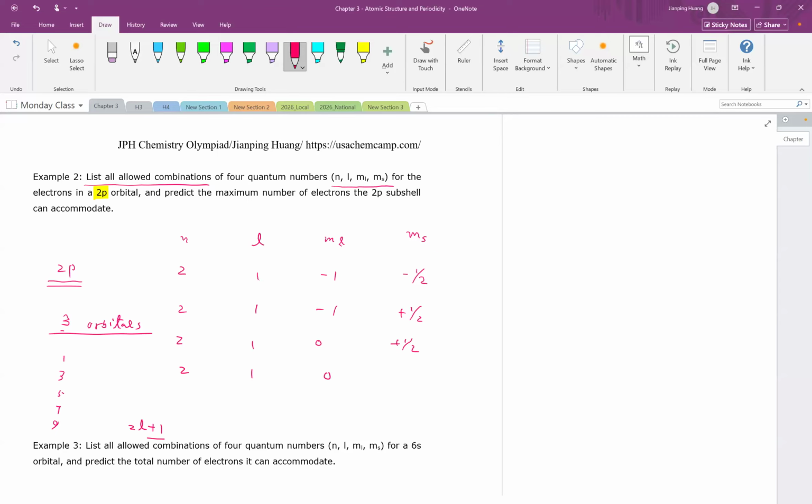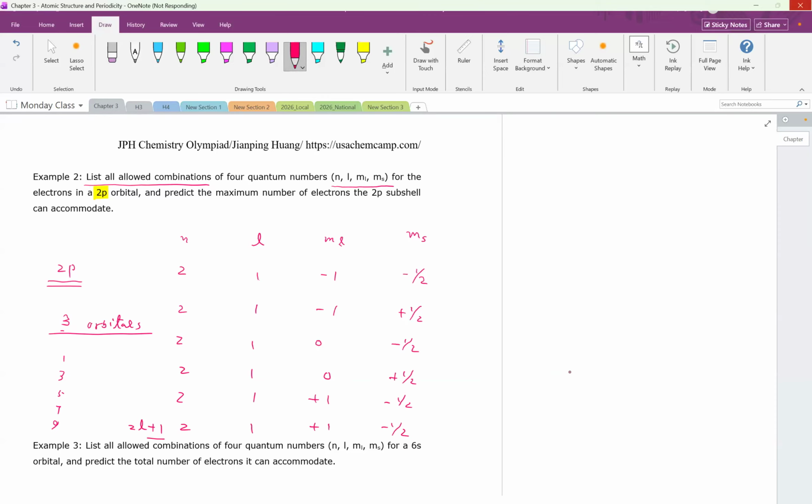Oh, that's for the system, okay? The first one I put minus, here also put the minus. Now that one should be plus 1/2. 2, 1, plus 1, minus 1/2. Any question?